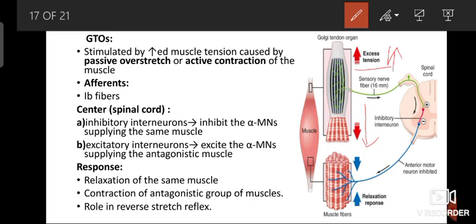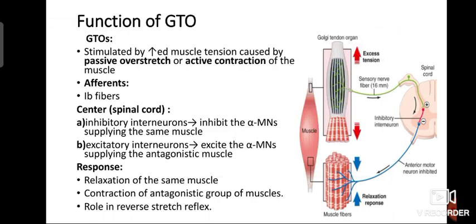Sensory nerve fiber 1B stimulates, and it goes through the dorsal root ganglion into the spinal cord, and it stimulates the inhibitory interneuron, and the inhibitory interneuron inhibits the alpha motor neuron, and it can result in a relaxation response. It can result in relaxation of muscle fibers. So this is the inverse stretch reflex. This is an example of the inverse stretch reflex.